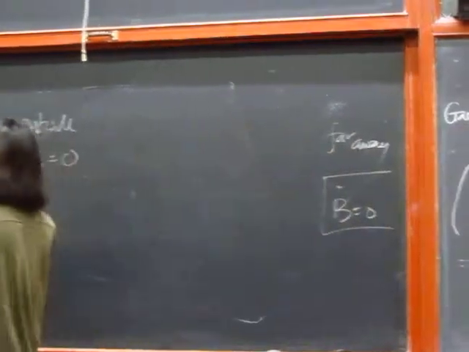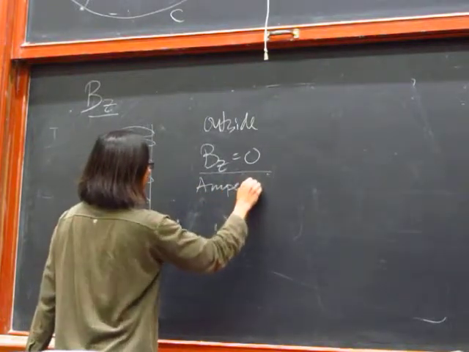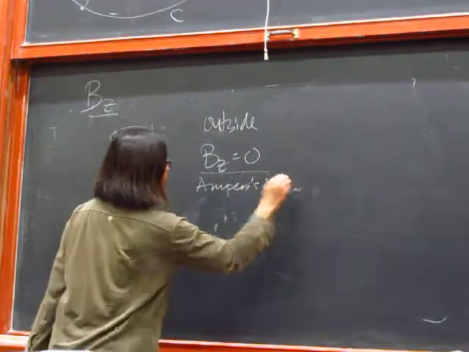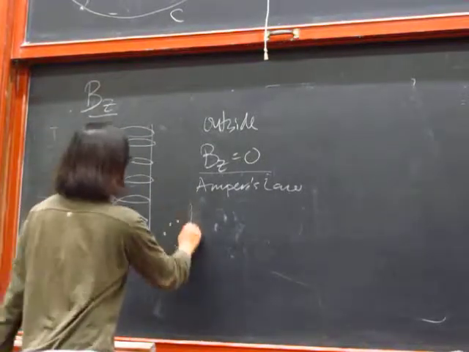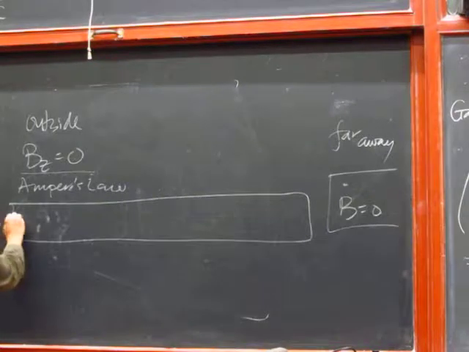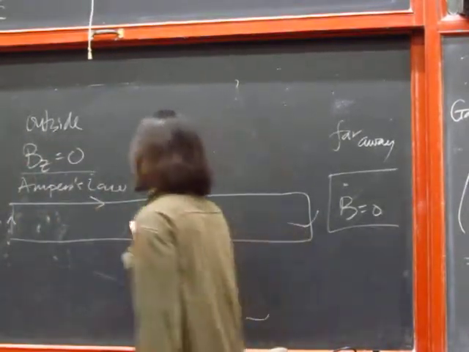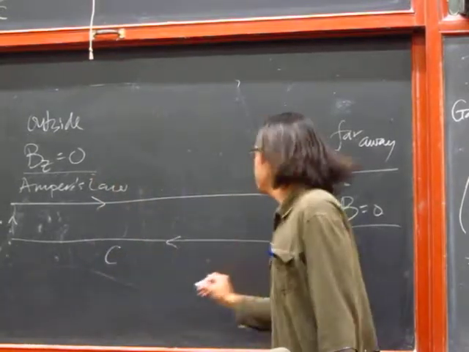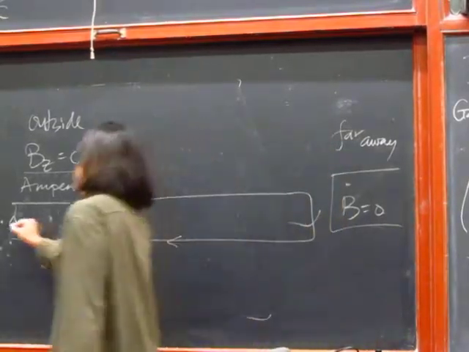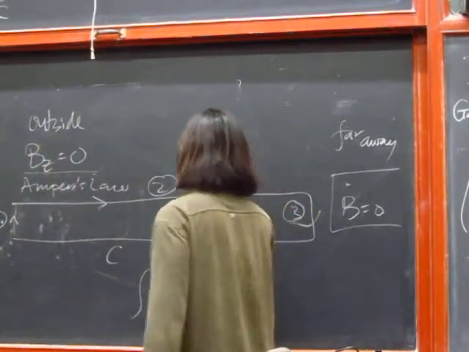Then I can do the same thing with Ampere's law. If I take a line integral like that, this is component 1, 2, 3, 4.